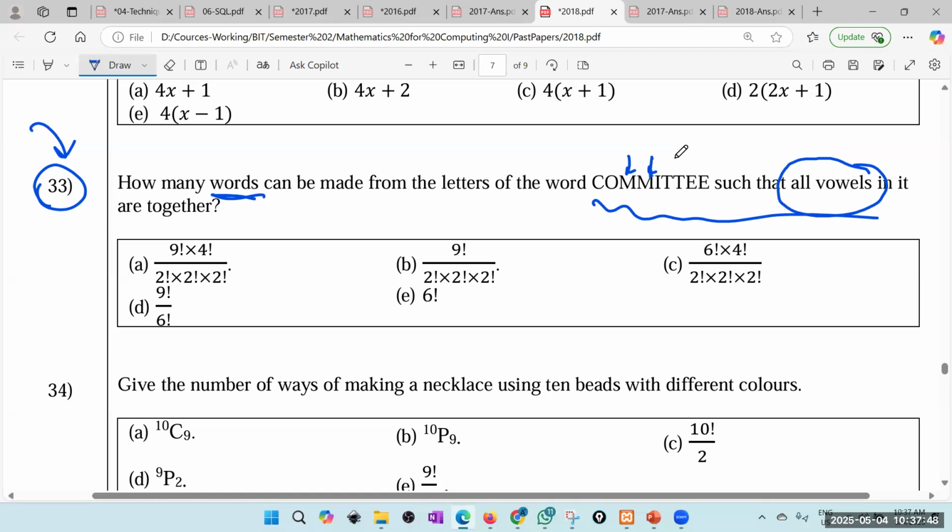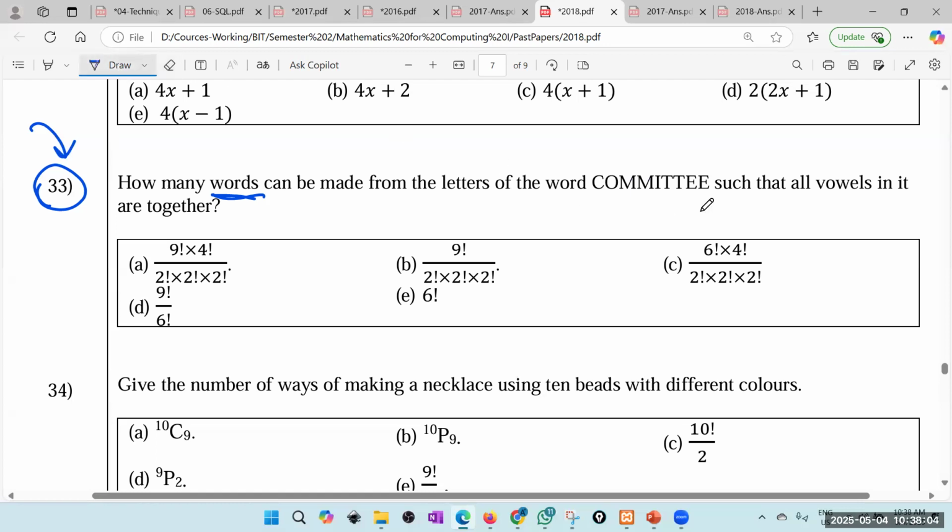Anyone did it? This should be a doable question, but more challenging than the previous question, the similar question we did about vowels. Right now, these are not distinct.